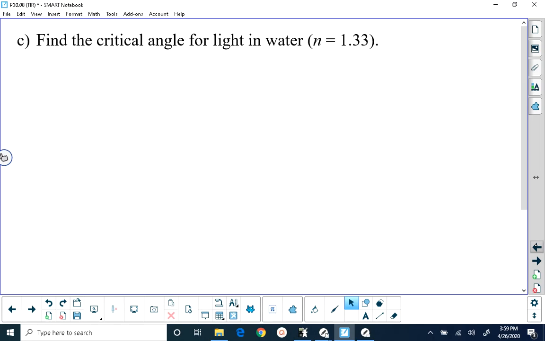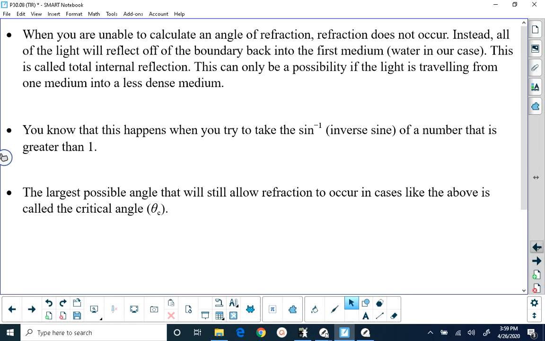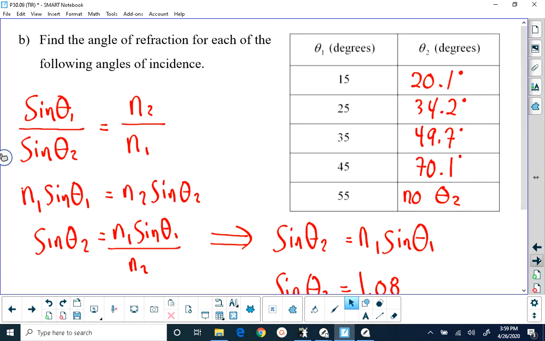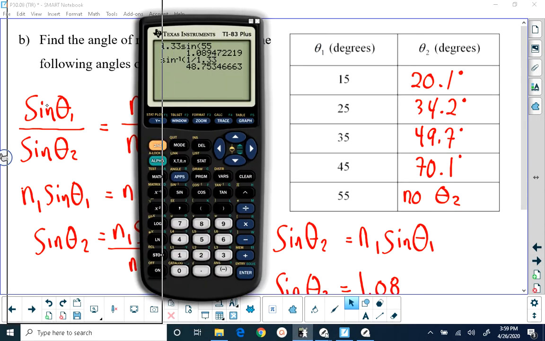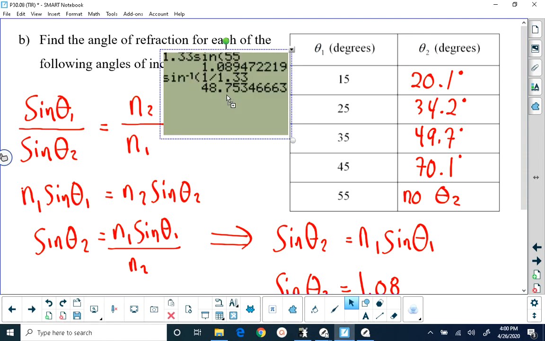What this means is if you go back to your table up here in the warm-up, and you put in a number for theta 1 that's smaller than 48.75346663, you will be able to calculate a theta 2.